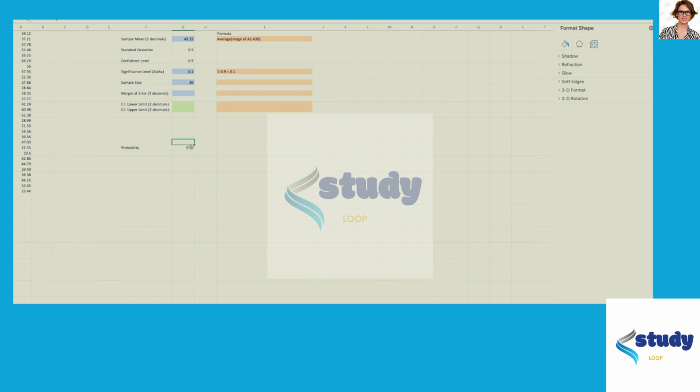So it's 0.95. So to get your t-score, you're going to do t 0.95, and then in the parenthesis, your degree of freedom of 29, okay?